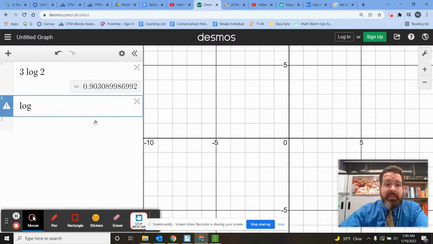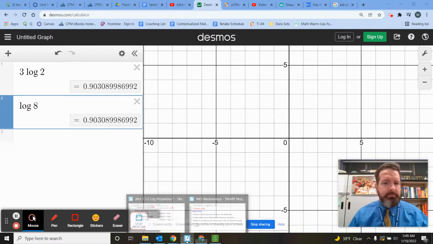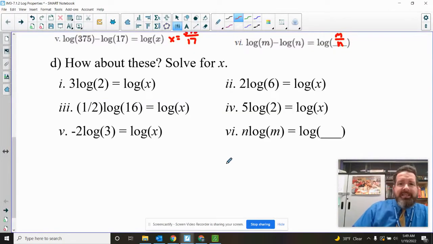So pick numbers that are a little less than 10. Let's see, 8. Oh my gosh, 8 works out perfectly on the first guess, like a boss. So the x this time is the number 8.